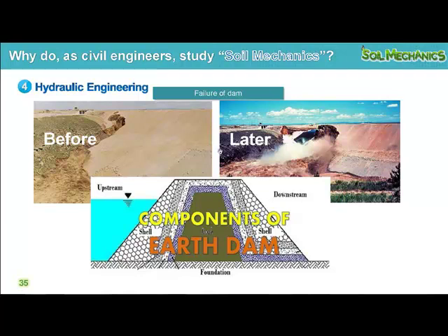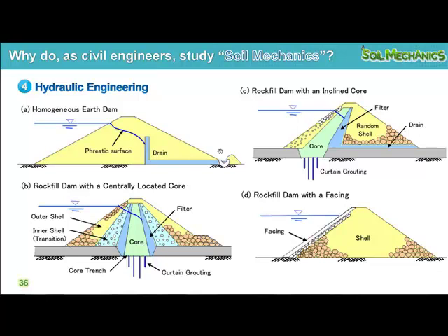This picture also shows how to prevent the failure of a dam. Here is an earth dam. This is water. So the water can flow. We call this the phreatic surface. Water can flow like here.